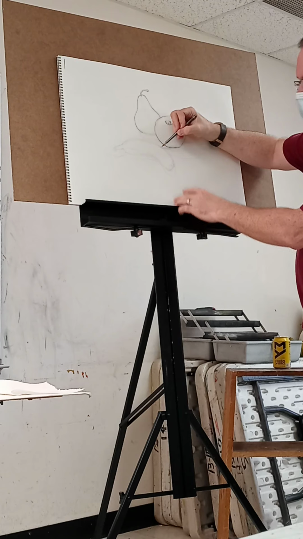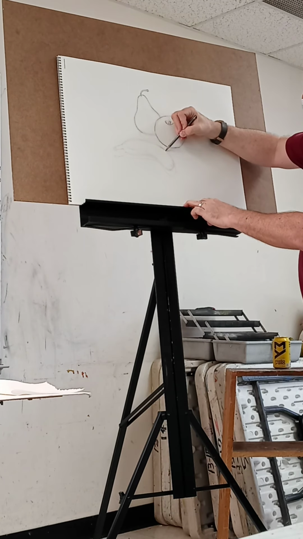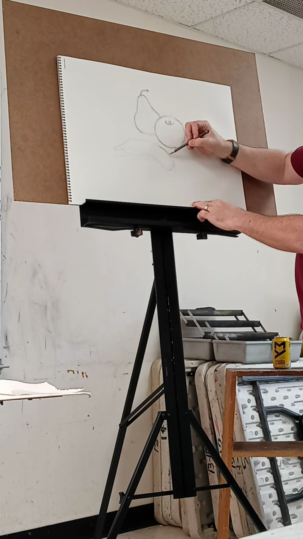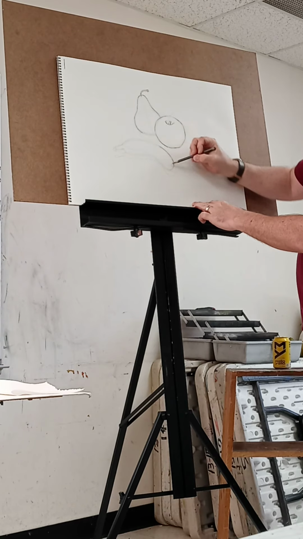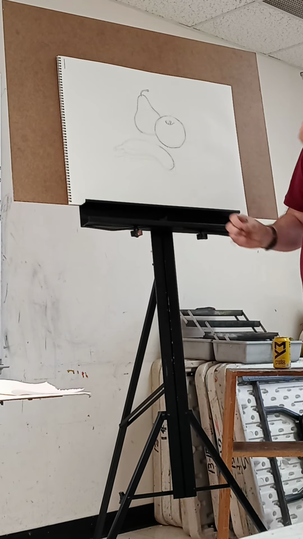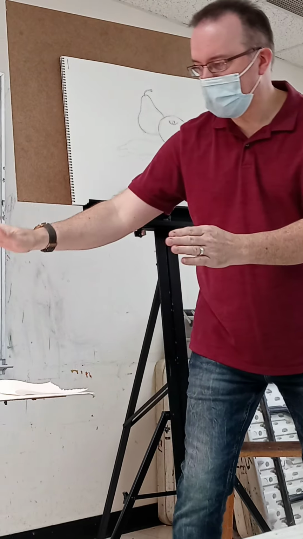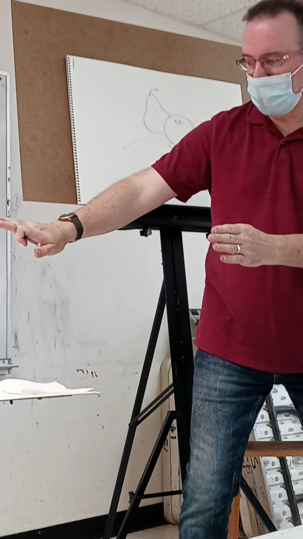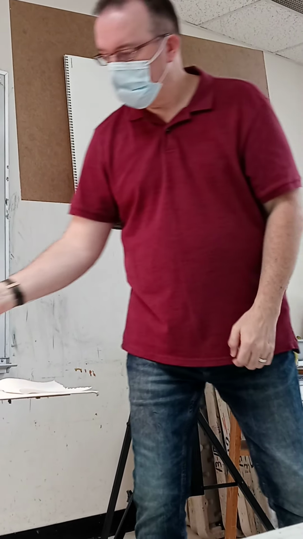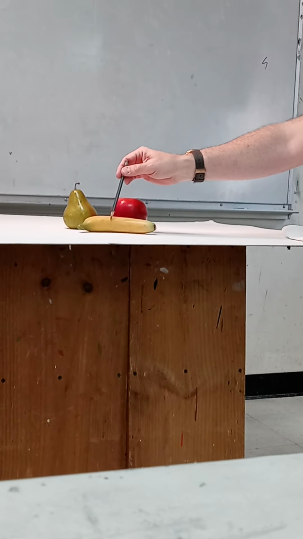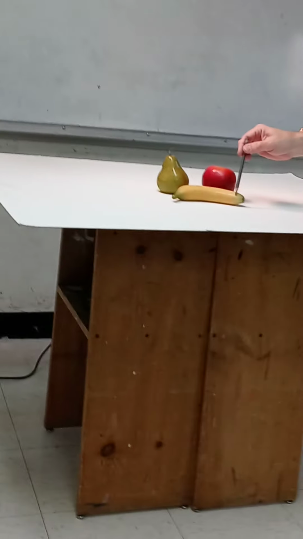Now it's interesting about bananas. All objects have what you call planes to them. And a plane is an area that receives light or is in shadow. So you see this little line that runs along here?